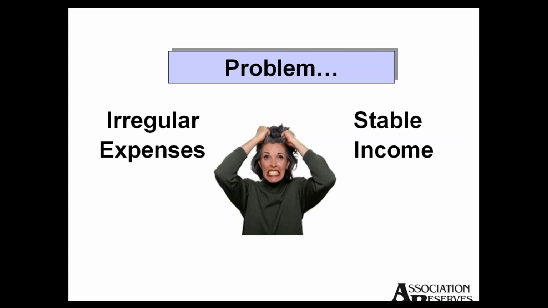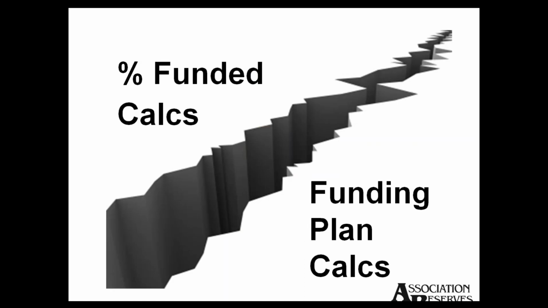I want to take a quick side note here before I get too far on this topic. The percent funded calculations that we talked about just 5, maybe 10 minutes ago, as I look at my clock, are a very specific set of calculations that help us evaluate reserve fund size.